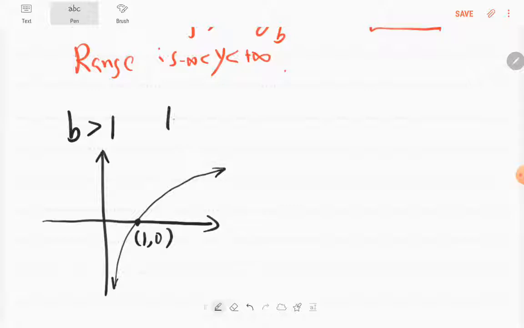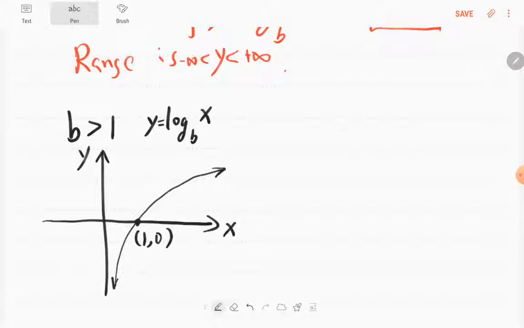So from the graph, you can see this is for y equals log to the base b of x. You can see the x values, the domain, and the range. The y values can be any number you want, but the x values are always on the positive x-axis, right?